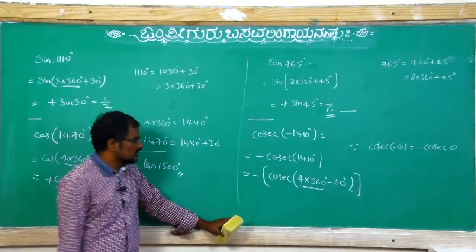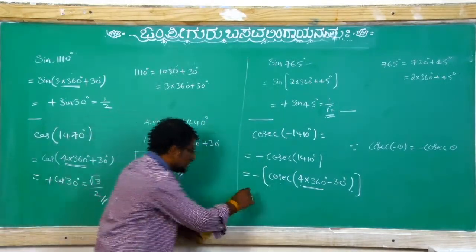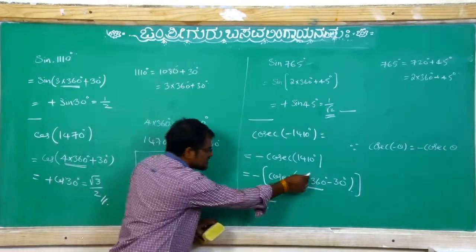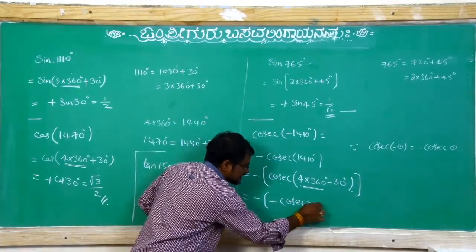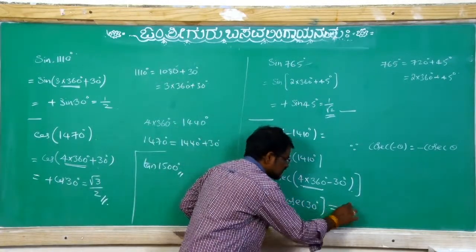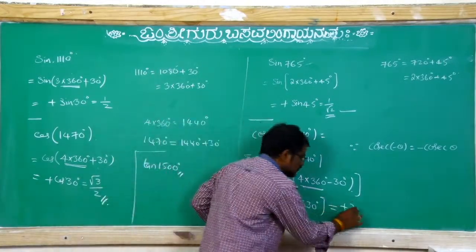Fourth quadrant. Fourth quadrant cosecant is negative. Already one minus is there, again minus. At 360 cosecant does not change. So cosecant 30 degrees. Minus of minus plus, cosecant 30 is 2. So 2 is the answer.